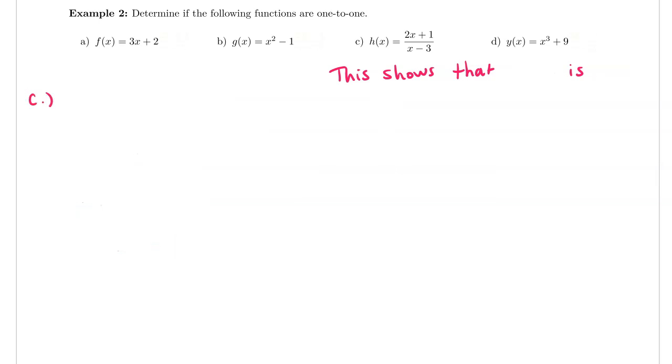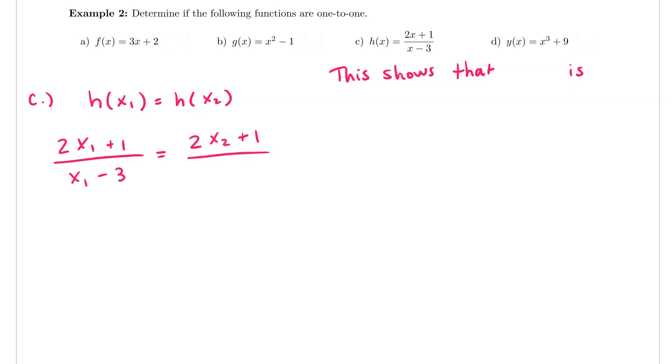All right, so in part C, we're going to let h of x1 equal h of x2, and then we'll get 2 times x1 plus 1 over x1 minus 3 is equal to 2 times x2 plus 1 over x2 minus 3.